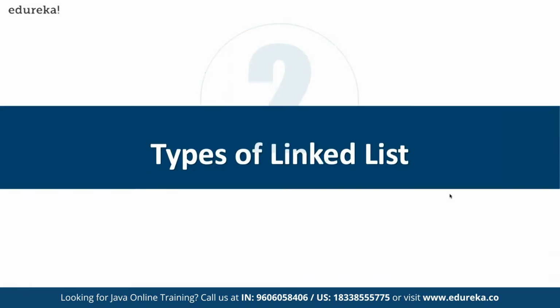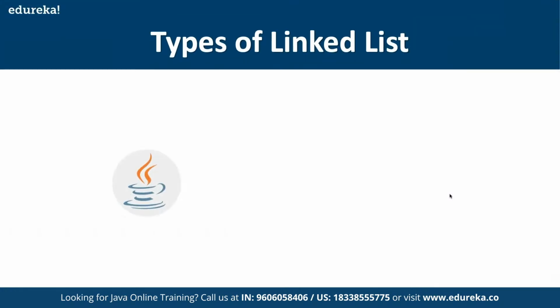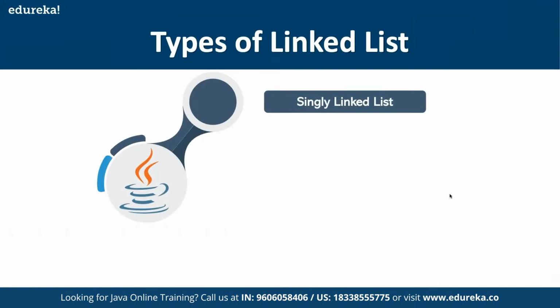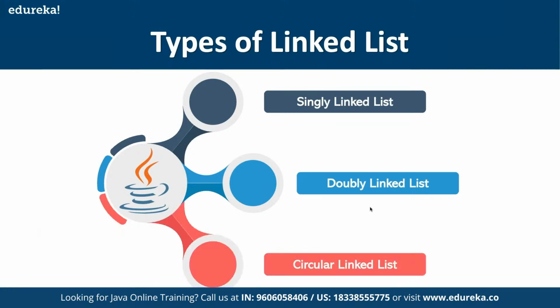Now, as we discussed, there are multiple types of linked list. First of all, we have the singly linked list, then the doubly linked list, and then the circular linked list. Singly is also called unidirectional, doubly is bidirectional, and then we have circular, which is also going to be defined.